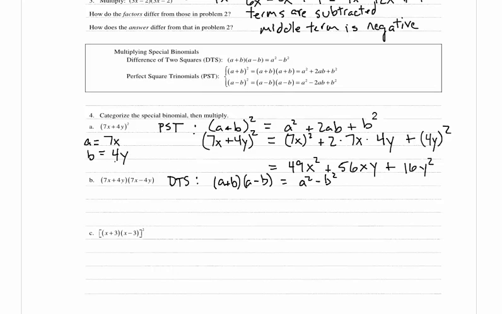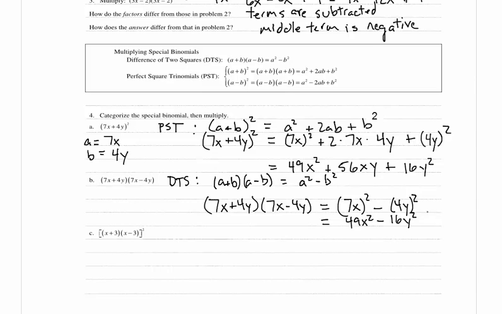And our a and our b terms are the same as they were in example A. So we're going to have 7x plus 4y times 7x minus 4y is equal to 7x squared minus 4y squared, and this is equal to 49x squared minus 16y squared.